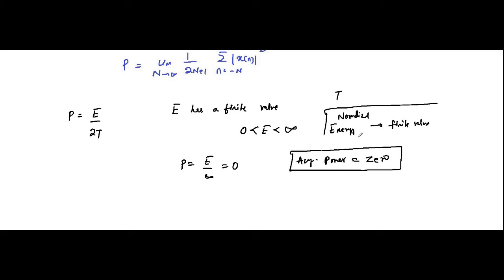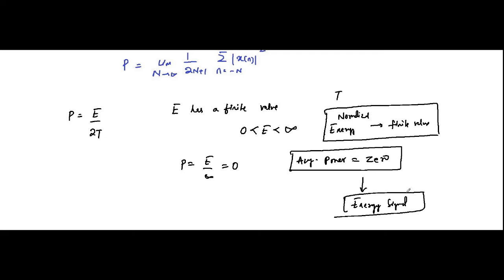If a signal has a finite normalized energy value or finite energy value, but power is 0, then it is called an energy signal. Energy signal means finite energy value, power is 0. 0 power, finite energy, that is energy signal.